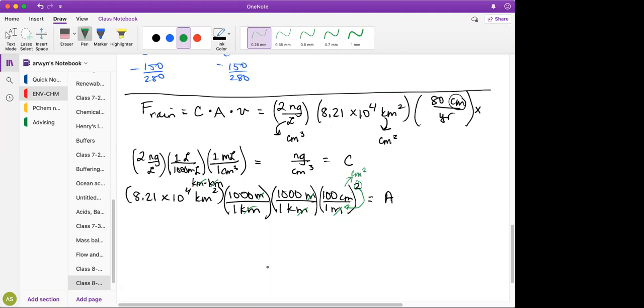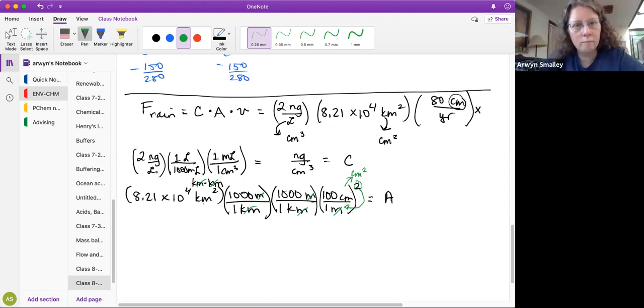So hold on. Okay, so on the first one, back on the 2 nanograms, because you're dividing it by 1,000, it wouldn't be 2 anymore, would it? No. It'd be 2 times 10 to the minus 3.